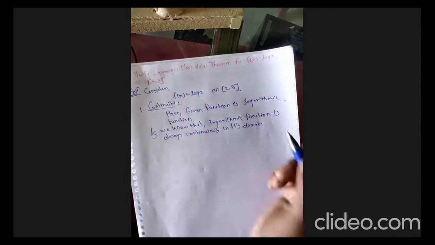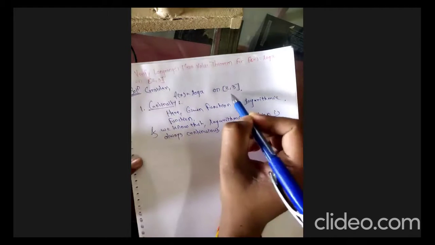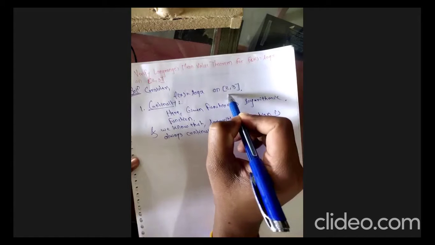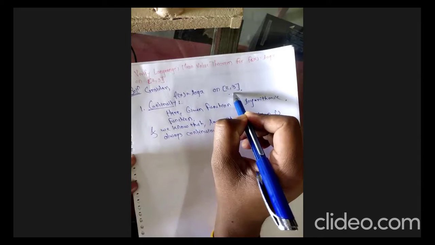So the function is defined in the interval [2, 3]. Whatever the domain we are given, in that domain the logarithmic function is continuous. Here the domain, that is the interval for the function, is [2, 3]. So log x is continuous in this interval [2, 3].